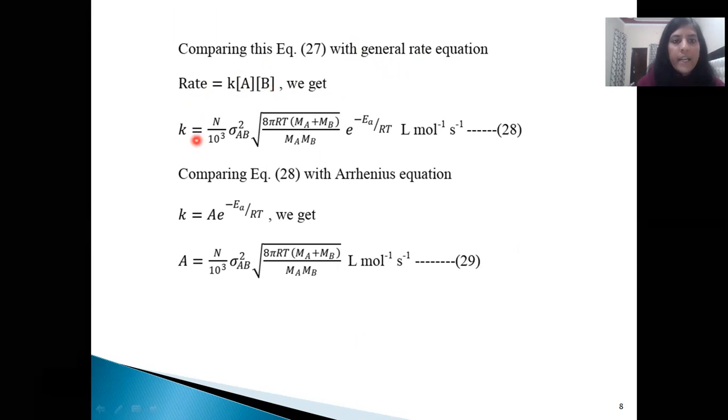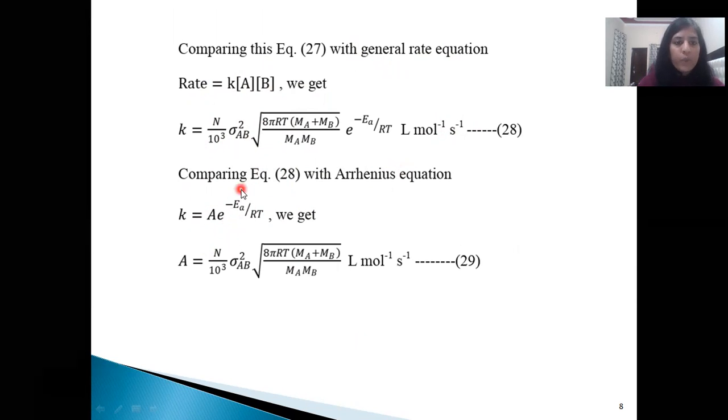So we get k is equal to N upon 1000 sigma squared AB under root of 8 pi kT (M_A plus M_B) upon (M_A into M_B) e to the power minus Ea upon RT, in liter per mole per second. Now comparing this equation with the Arrhenius equation in order to find the frequency factor. This is the Arrhenius equation.